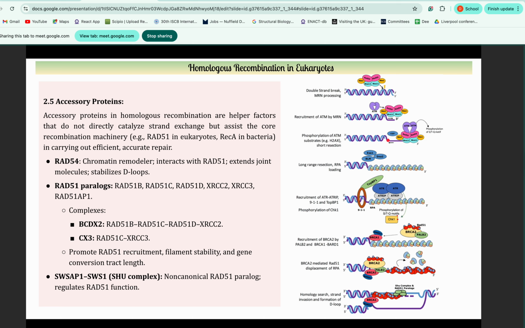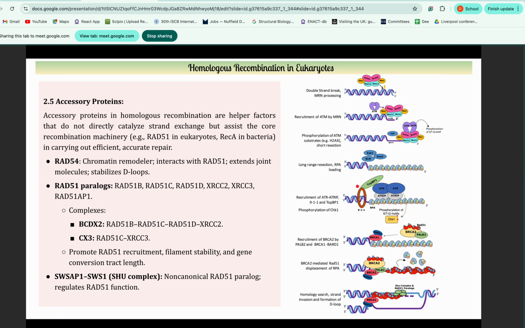After the other proteins come, they will start resection from 5' towards 3'. Single strand DNA will be available. So to stabilize that single strand DNA, RPA will come. It will bind to that single stranded DNA so that it remains stable and does not get degraded by nucleases.